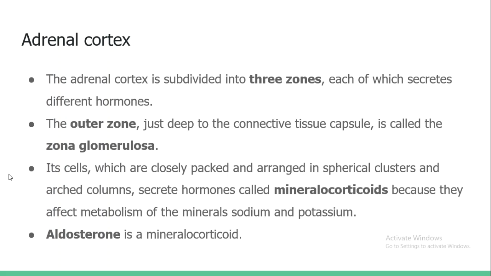Its cells, which are closely packed and arranged in spherical clusters and arched columns, secrete hormones called mineralocorticoids because they affect the metabolism of minerals, sodium and potassium. Aldosterone is a mineralocorticoid.